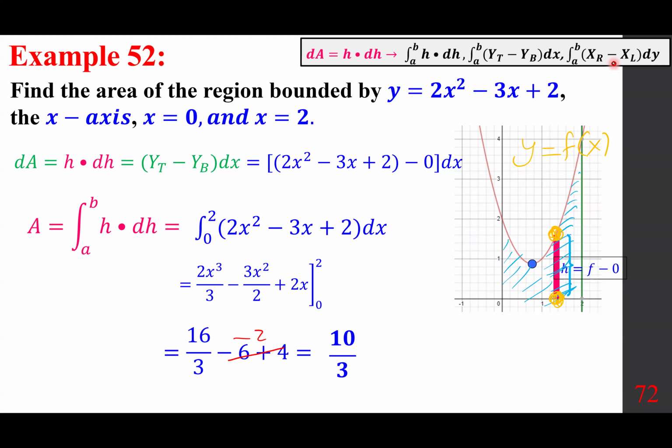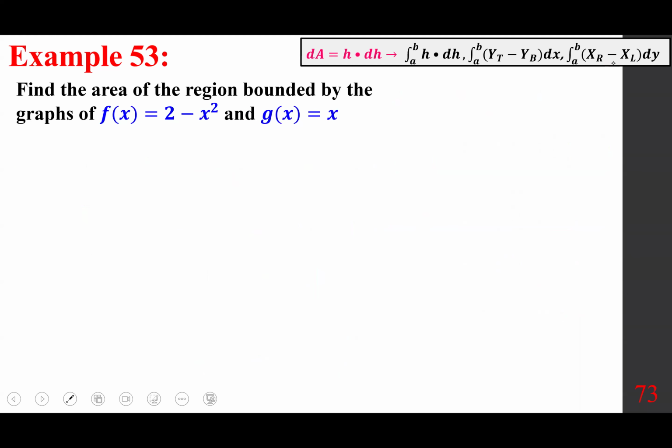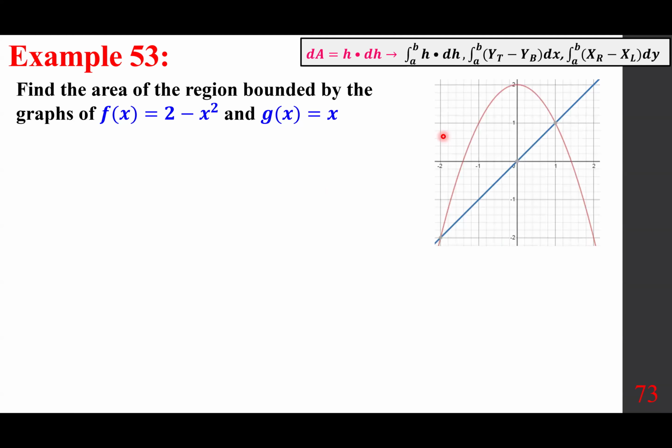Find the area of the region bounded by the graph f of x equals 2 minus x squared, a parabola that opens down and goes up by 2, and the line g of x equals x. So first, you can easily graph the two.